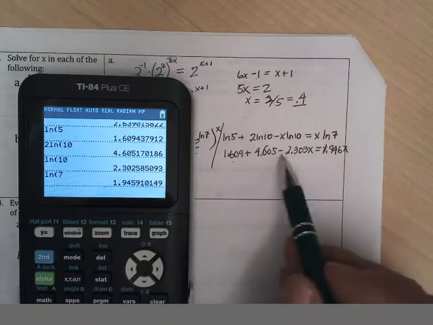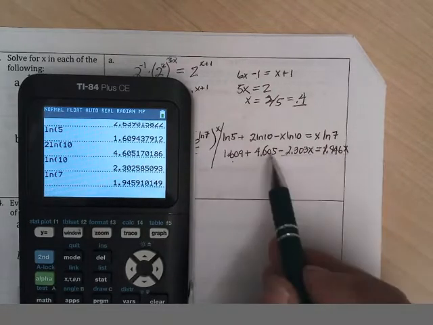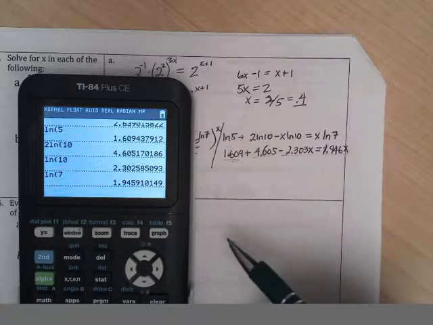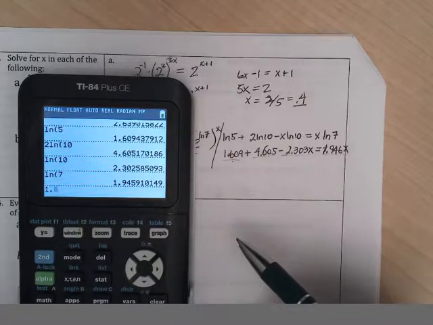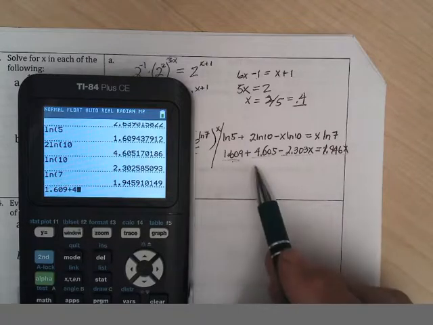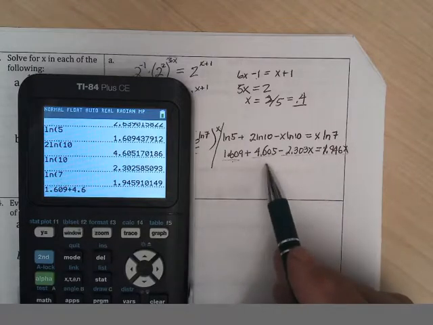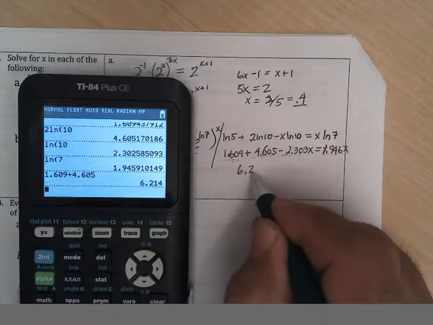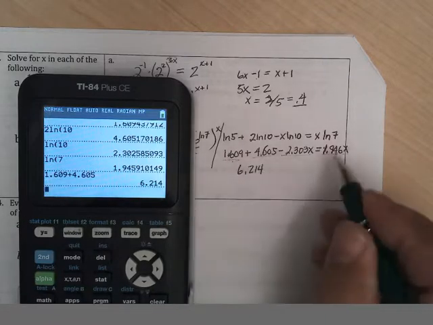And this has an x and this has an x, this doesn't and this doesn't, so these can go together. So 1.609 plus 4.605, enter, is 6.214.